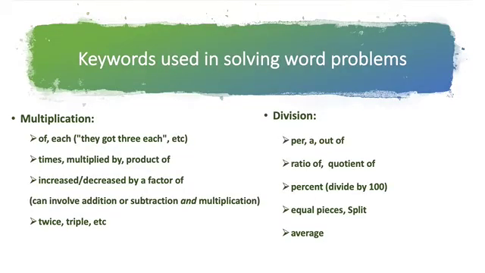These are keywords when solving problems involving multiplication and division. Words like of, each, times, twice, and so on indicate the math operation multiplication. Words like per, ratio, percent, average, and so on indicate division. Note that per in division means divided by.